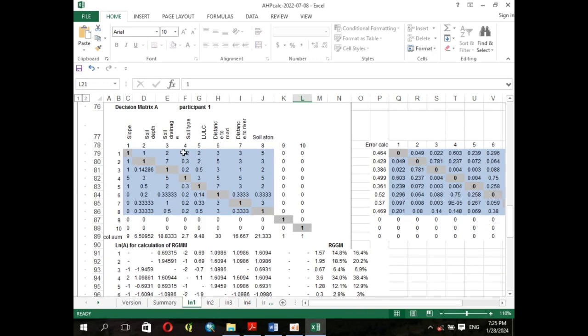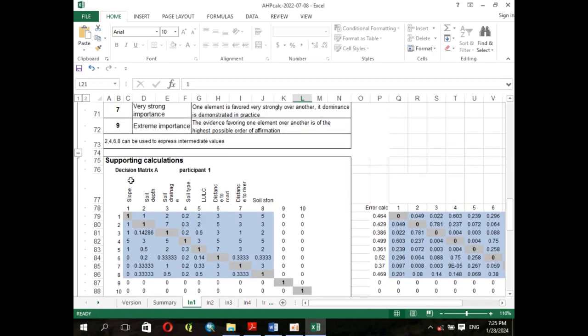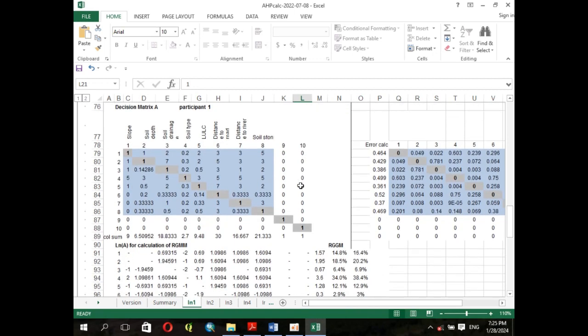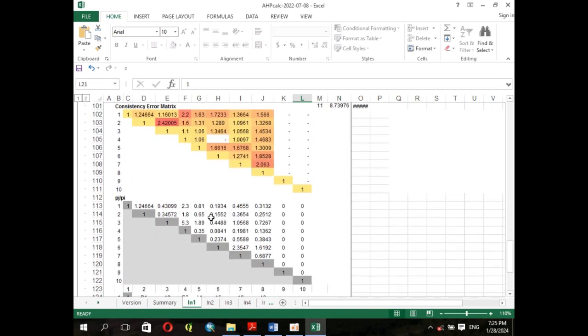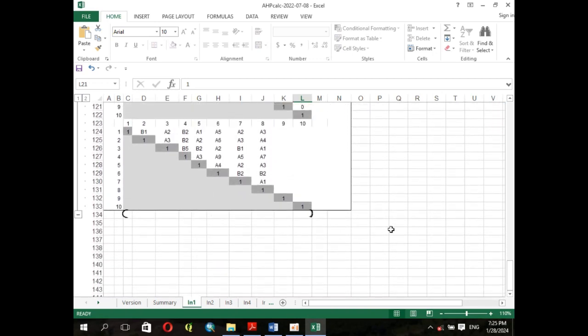And we can also see some decision matrices here supporting the calculations. Decision matrix A, yeah, we can get this one, the ln of A for calculations and the like. You can get some errors here. Okay, so we can get that information from our output.